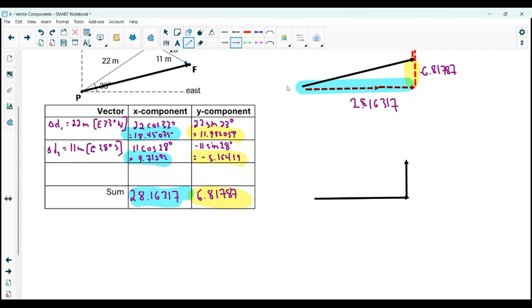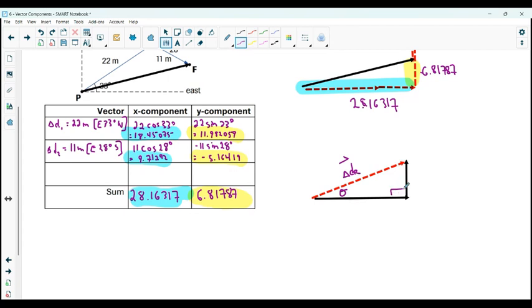I've got my resultant vector, and I want to figure out its magnitude and direction. We note this is a displacement vector, so I'll put a little r here for resultant, which just means we're adding the vectors together.